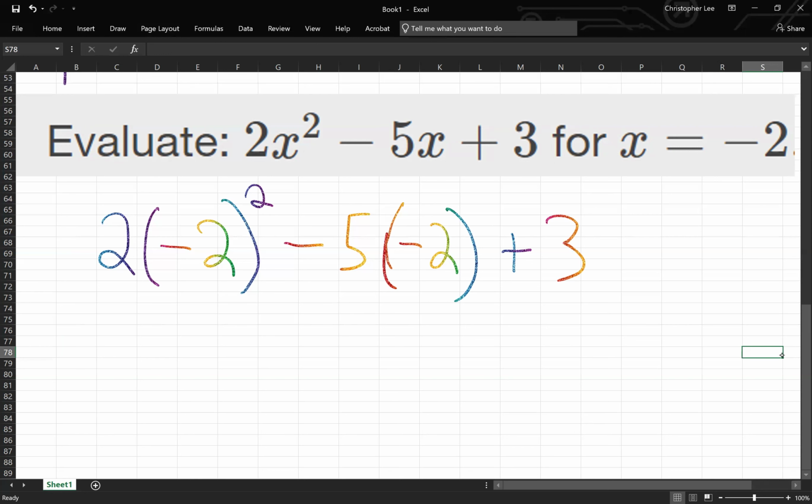Exponent first. This is what? 2 times 4 minus 5 times negative 2 plus 3, right? Let's do the math on that. 2 times 4, what's that? 8. Help me out with the middle. Plus 10.